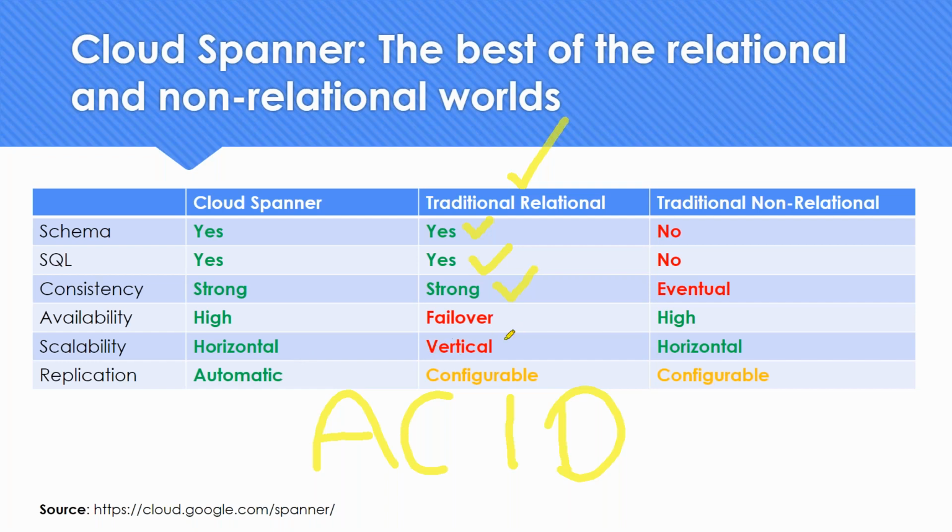Scalability wise, they're always vertically scalable, meaning you make the same system more powerful every time, which indicates you will hit a technology limit at one point. For example, in GCP, you cannot have a Cloud SQL instance with more than 96 vCPU and 624 GB of RAM. That's the upper limit, at least as of today.